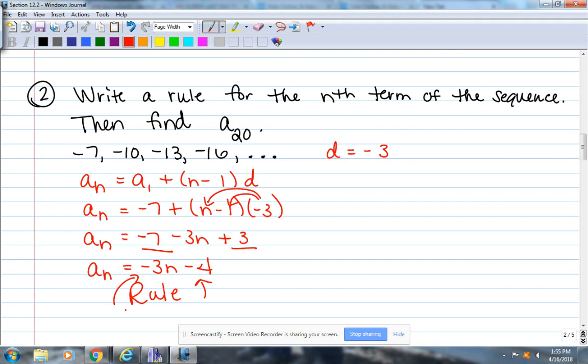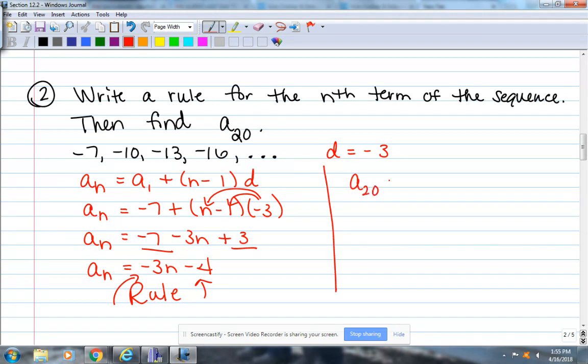Okay? So I can find whatever term I want by plugging in n right here. There's my rule. But it wants me to then find A sub 20. That means find what term? The 20th term. Right?